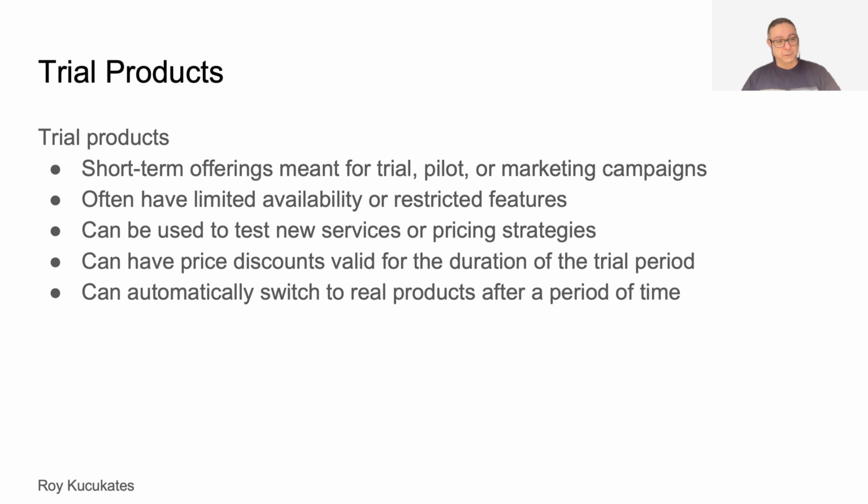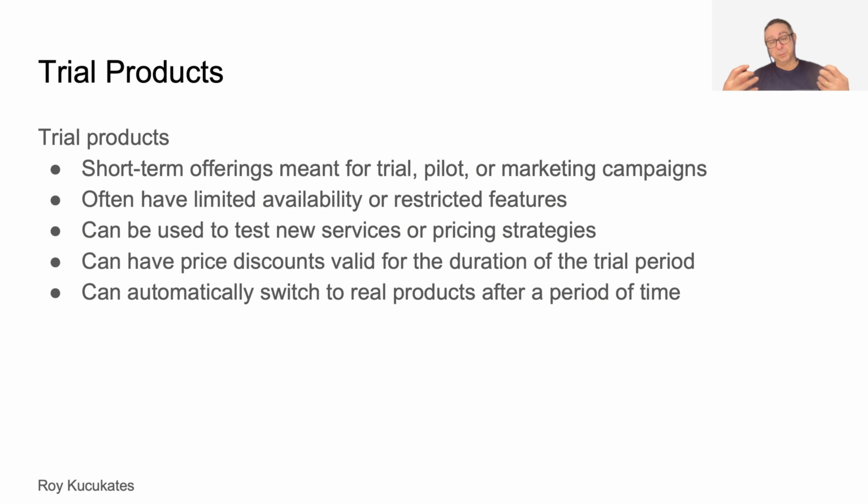So here the tricky part is that trial products usually are different products because they have limitations, and when one expires, there should be an order to switch it to the normal product, or on demand, the customer may voluntarily want to switch to the normal product.